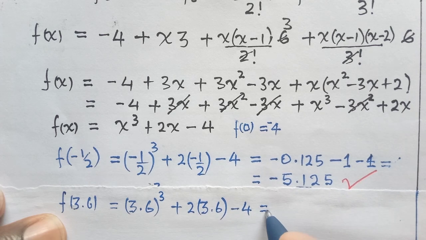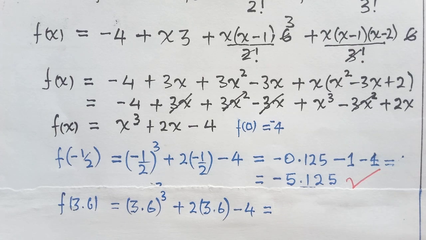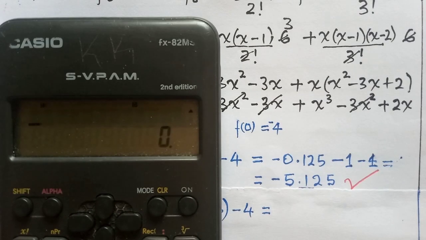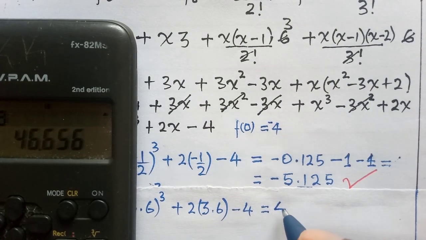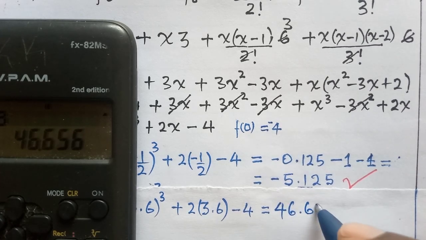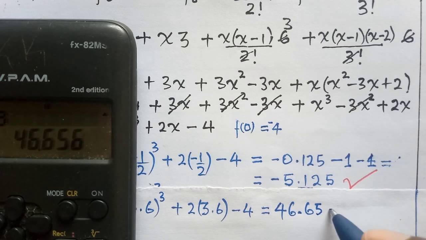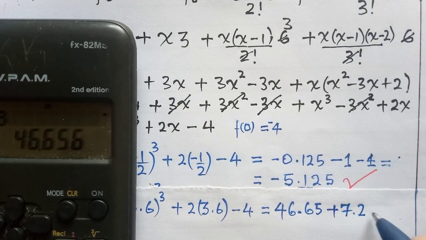So let's calculate that and see what we get. For that one, we put 3.6 cubed. 3.6 raised to 3 gives us 46.65. Then plus, this is 7.2. Then we have minus 4.